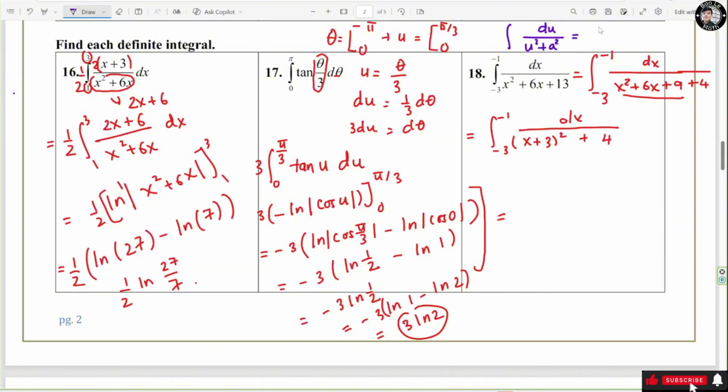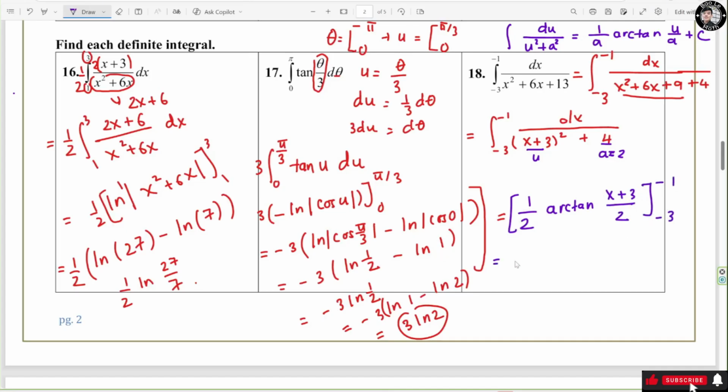is going to be 1 over a arctangent of u over a plus c. Now in this one, a right here is 2, because 2 squared equals 4. So this turns out to be 1 over 2 arctangent of (s plus 3) over 2, evaluated from negative 3 to negative 1.